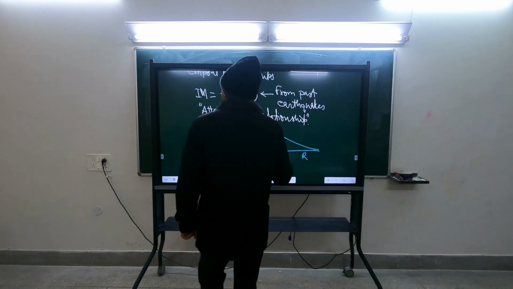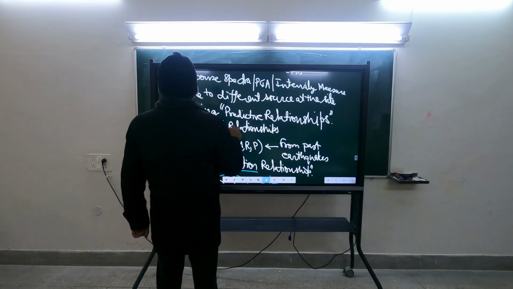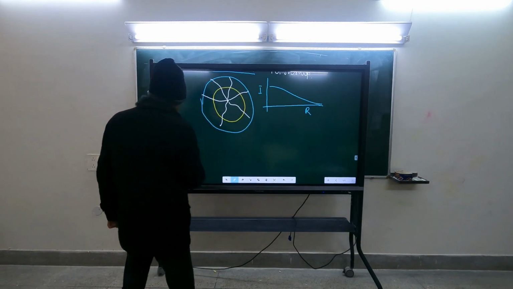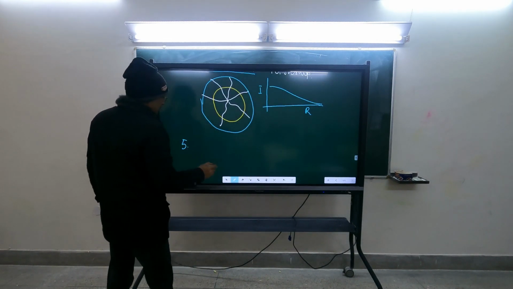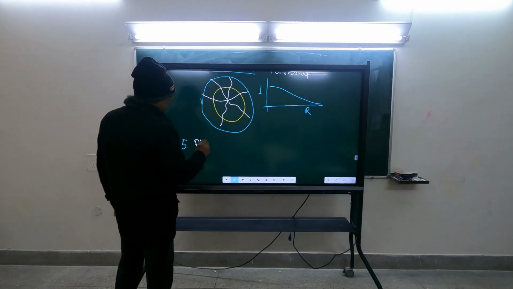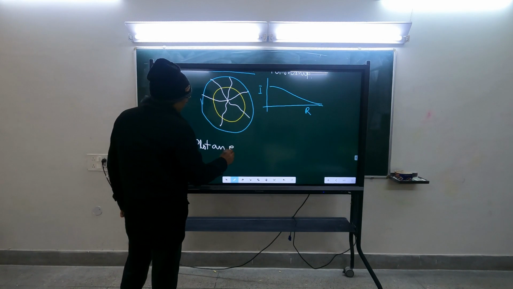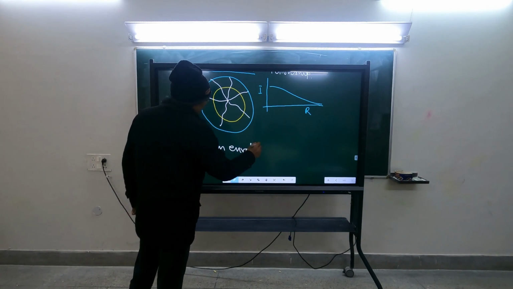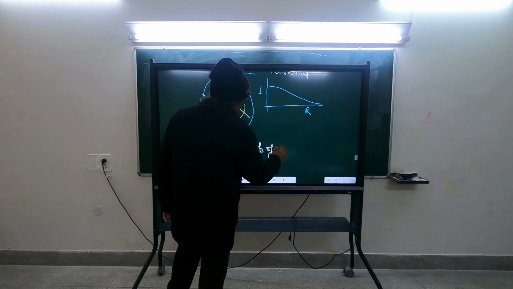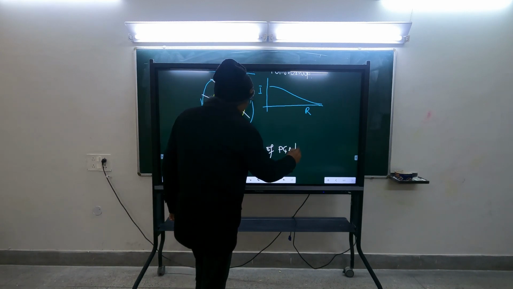Last step, fifth step: plot an envelope of PGA or response spectrum.